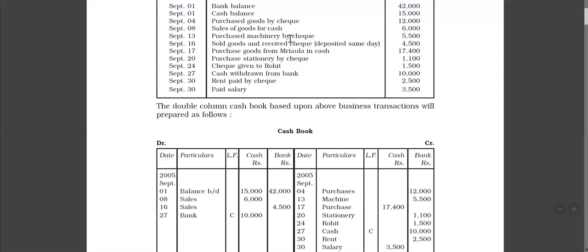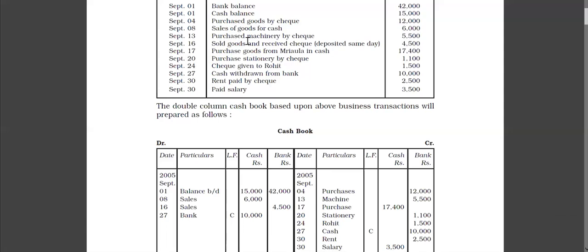Sale of goods for cash. Cash account debit to sale account. Here cash is on the debit side, so you place it in the debit cash column and write 6,000 to sale. See the next one, September 13, purchased machinery by check.